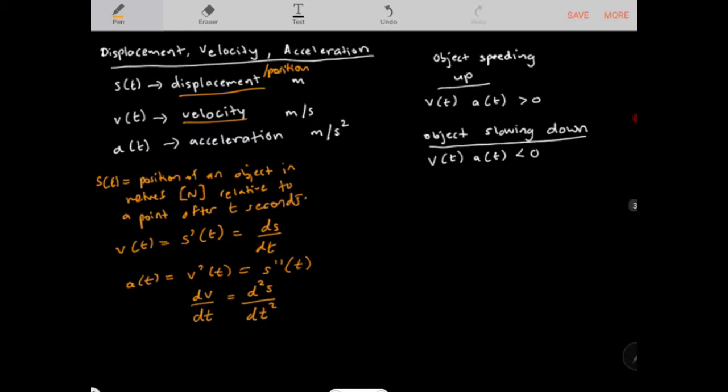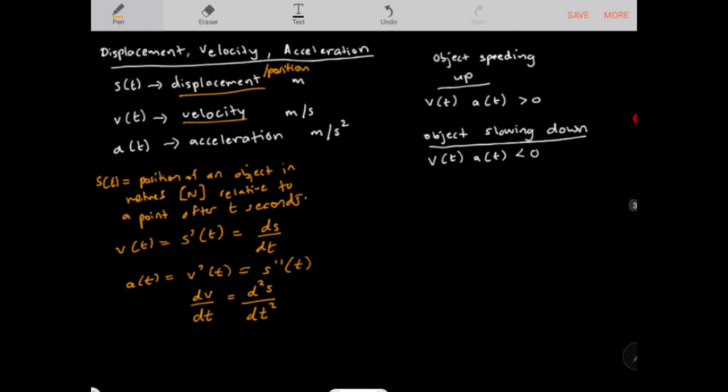Now, I also mentioned that acceleration can be combined with velocity in determining if an object is speeding up or slowing down, because acceleration is the change in velocity. If the object accelerates in the same direction as the velocity, that means they have the same sign. So if you multiply the velocity function times the acceleration function and it's greater than 0, the object is speeding up.